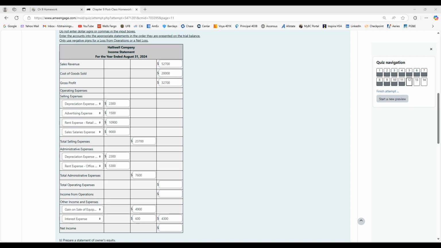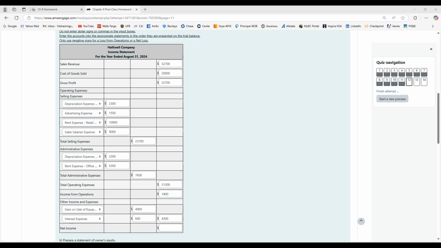So $32,700 of gross profit minus $23,700 of selling expenses minus $7,600 of admin expenses brings us to $1,400 of total operating income. So we've got to add these together. Adding the two expense categories gets us $31,300, and then subtracting that from gross profit gets us $1,400.